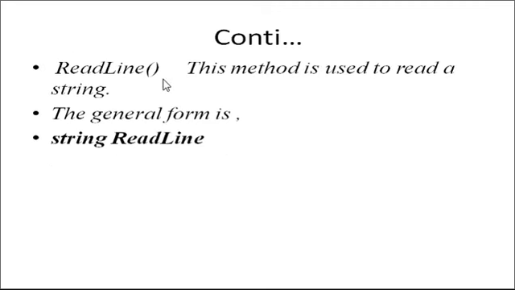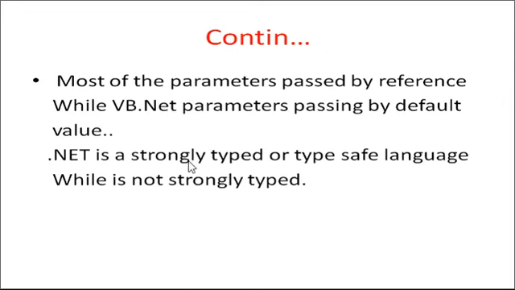The ReadLine method is used to read a string. The general form is string = Console.ReadLine. In other languages most parameters are passed by reference, while in VB.NET parameters are passed by value by default.